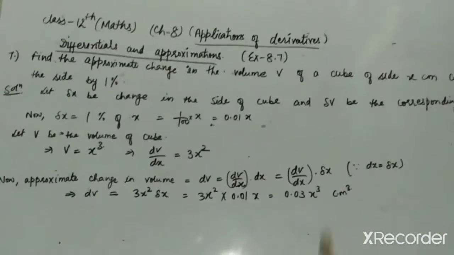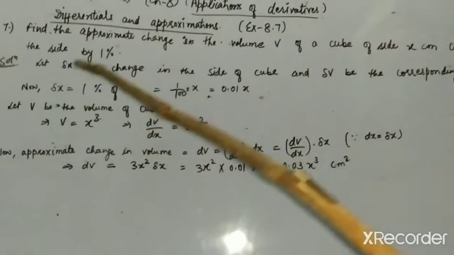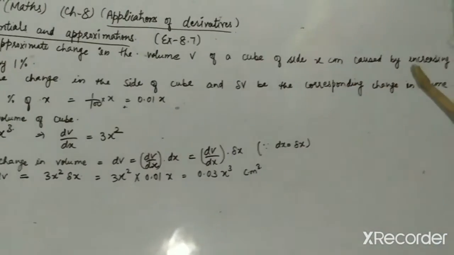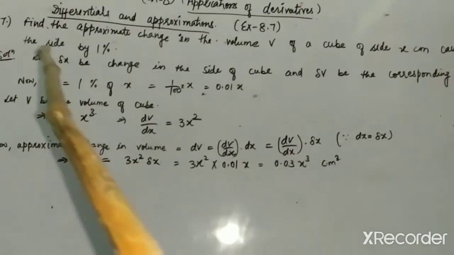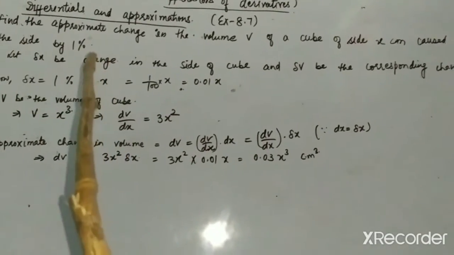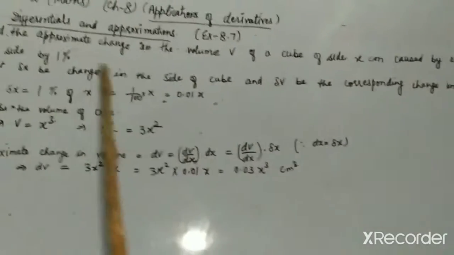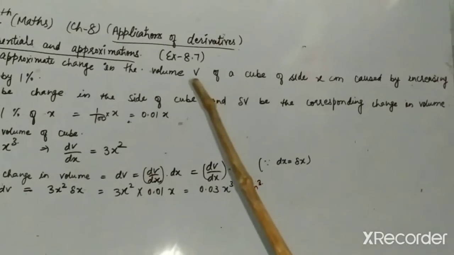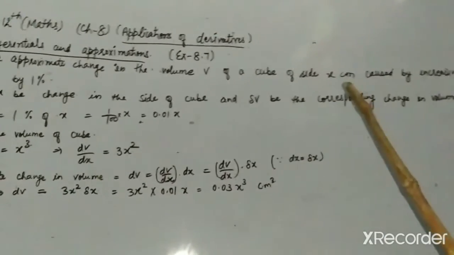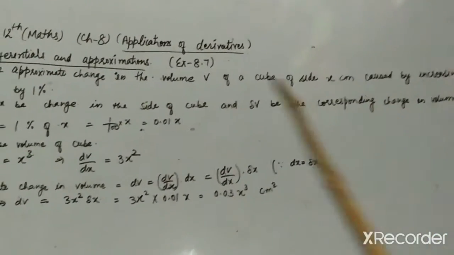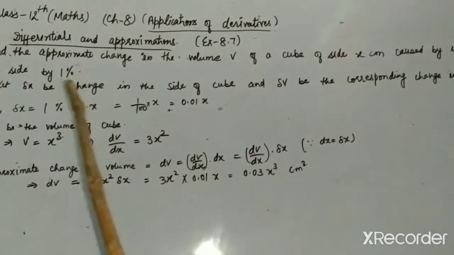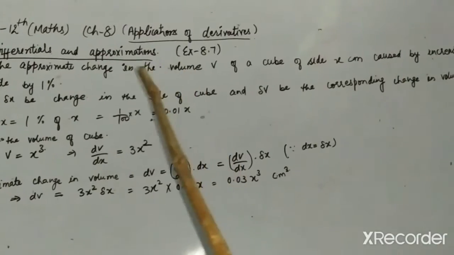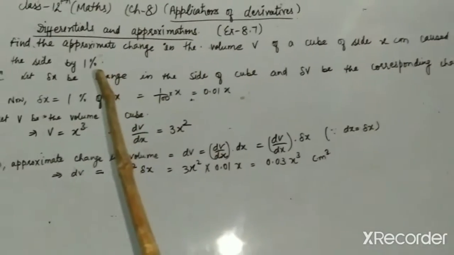Now in the seventh sum we are to find the approximate change in the volume V of a cube of side x centimeter caused by increasing the side by 1%. Okay, that means we are given the side of the cube is x and volume V. There is a change of 1% in the side, then we are to find the approximate change in the volume corresponding to the change in this side.